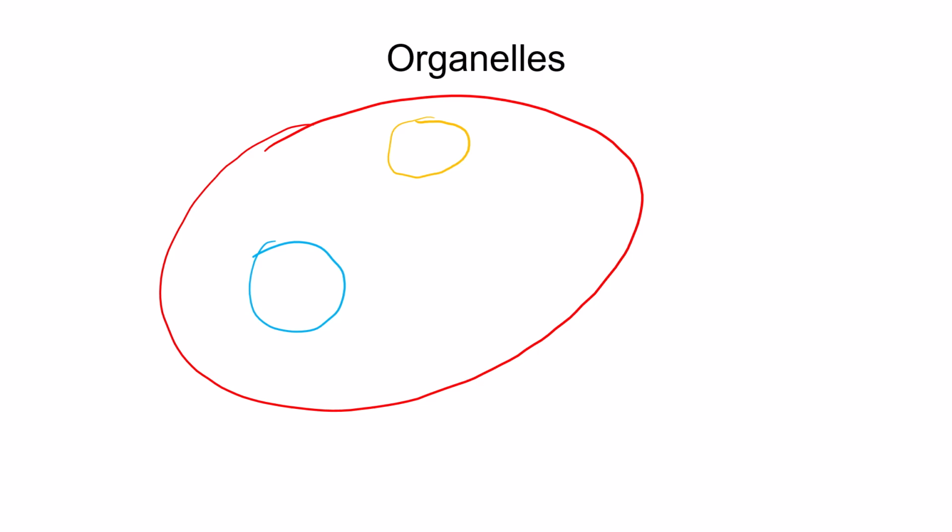Remember, there are lots of these different organelles like mitochondria or ribosomes or the endoplasmic reticulum. Some organelles and structures, when they are old and worn out, they can go to the lysosome.